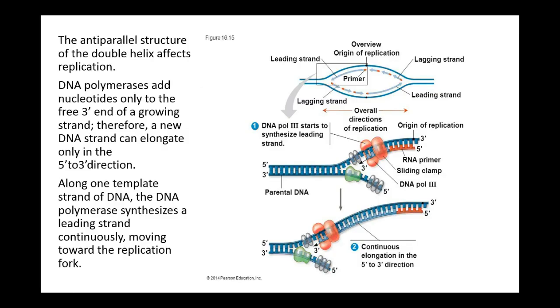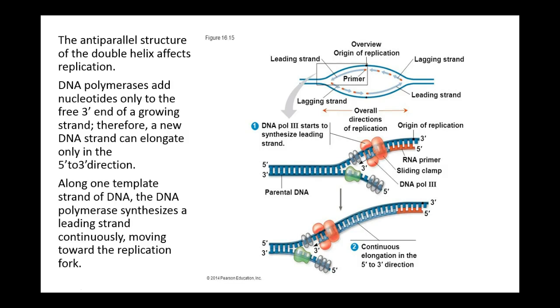So let's learn a little bit more about what's happening. This happens because remember you have 2 separated backbones. And both of them are happening at the same time in these various origins of replication, the bubbles that have been made all the way along the entire length of the chromosome.